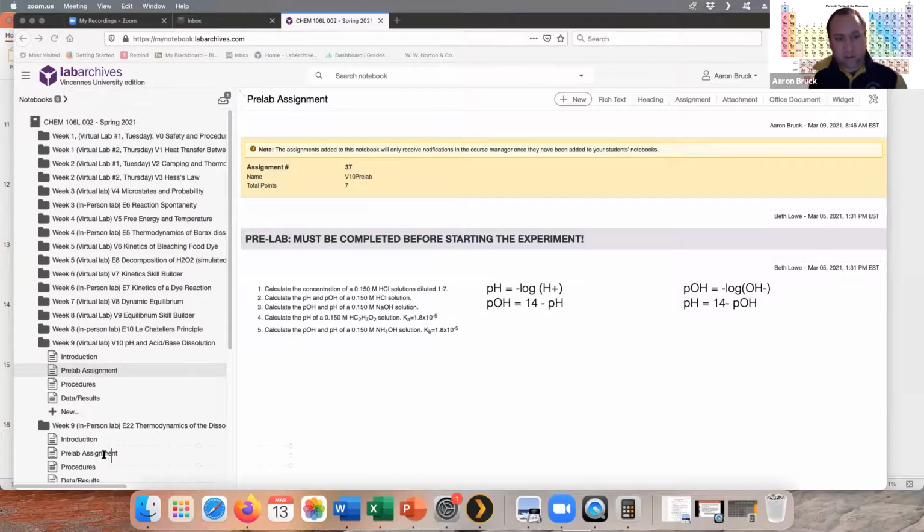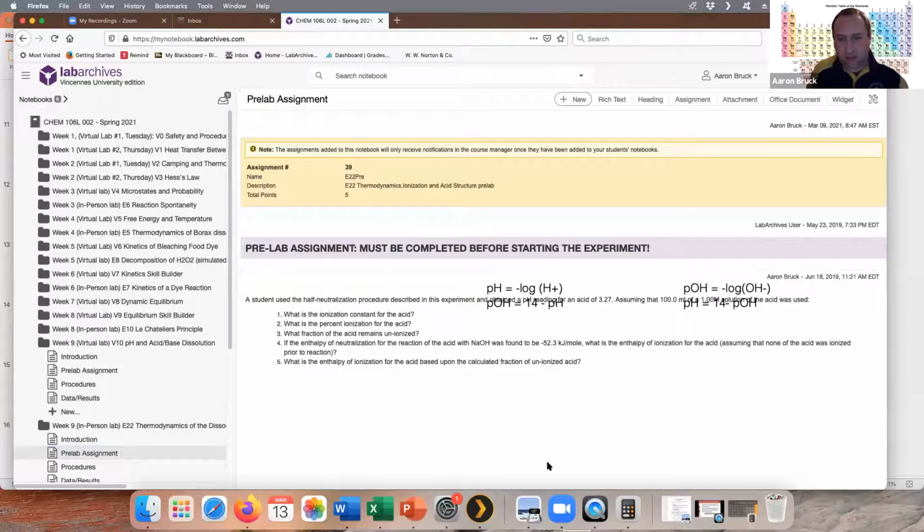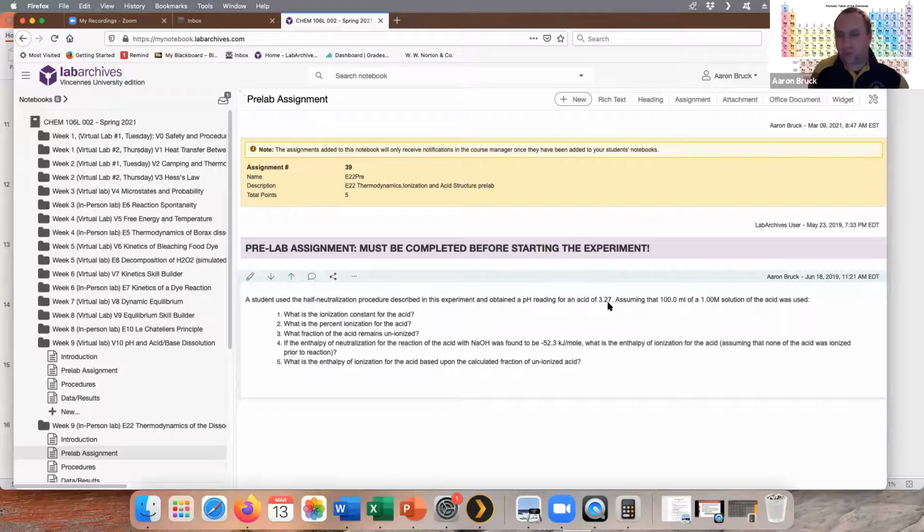Let's look at E22 and its pre-lab. What you see in E22 for the pre-lab itself is you're doing the half neutralization procedure, and you get a pH reading of 3.27. So the half neutralization, again, that's the half equivalence point.